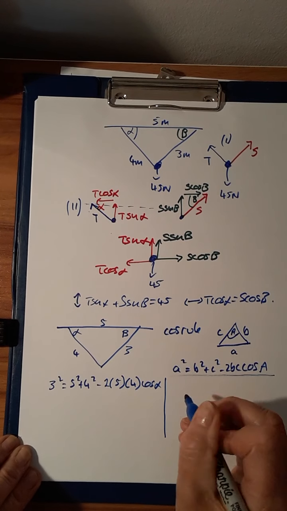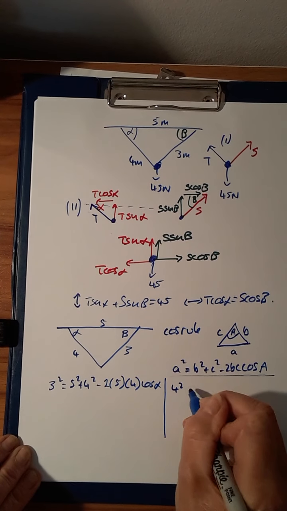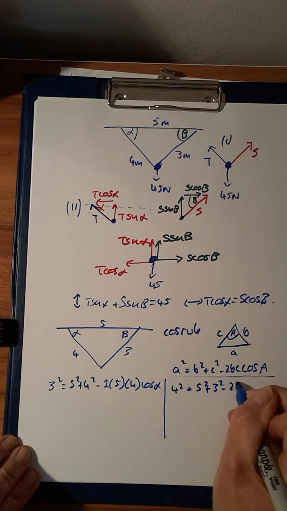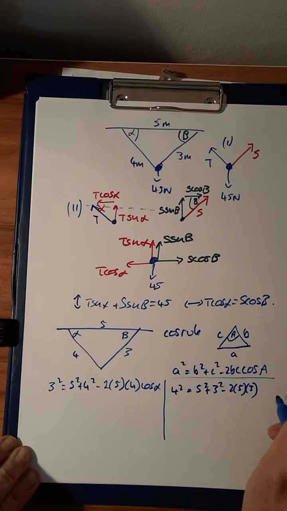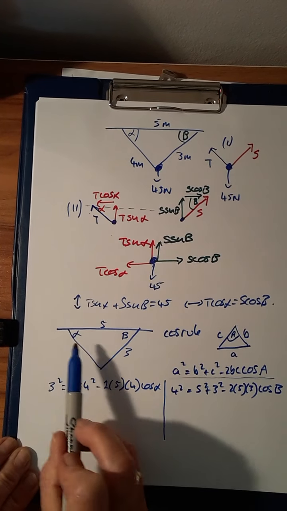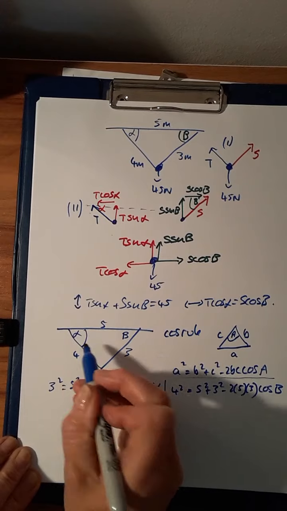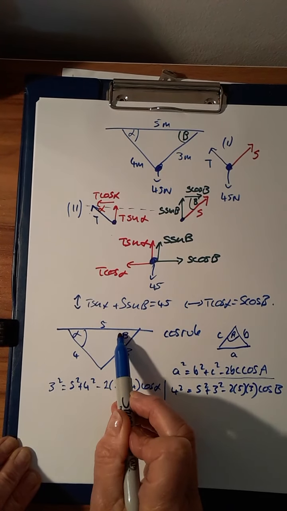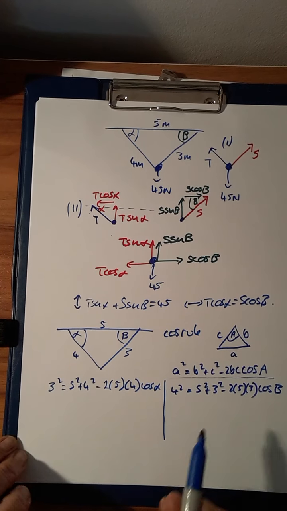So for beta it would be 4 squared is equal to 5 squared plus 3 squared minus twice 5 by 3 by the cos of beta. So I'm applying the cos rule to both angles, using it for those 3 sides and this angle, and for those 3 sides again and this angle. And that will get me alpha and beta.